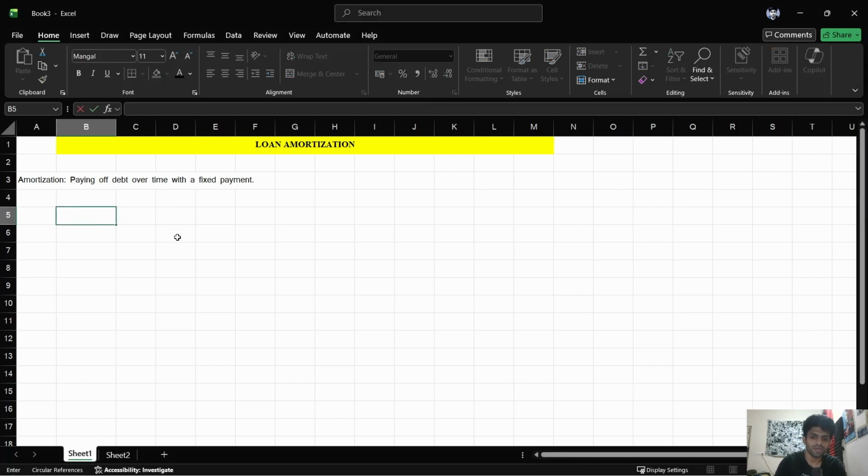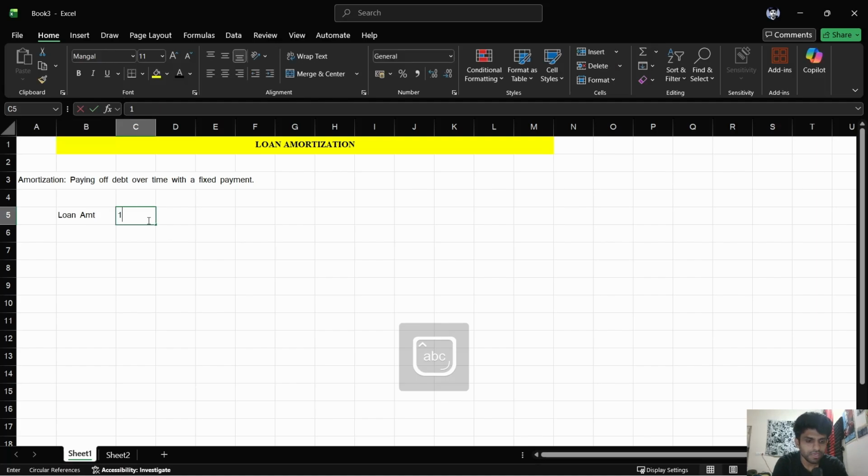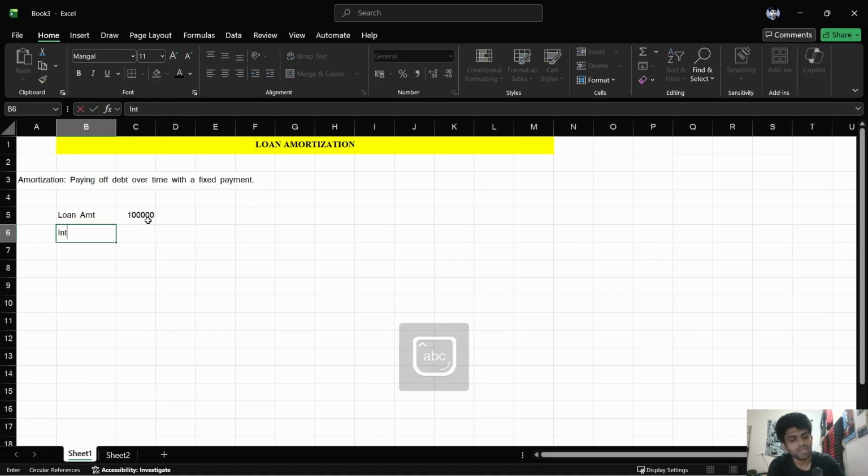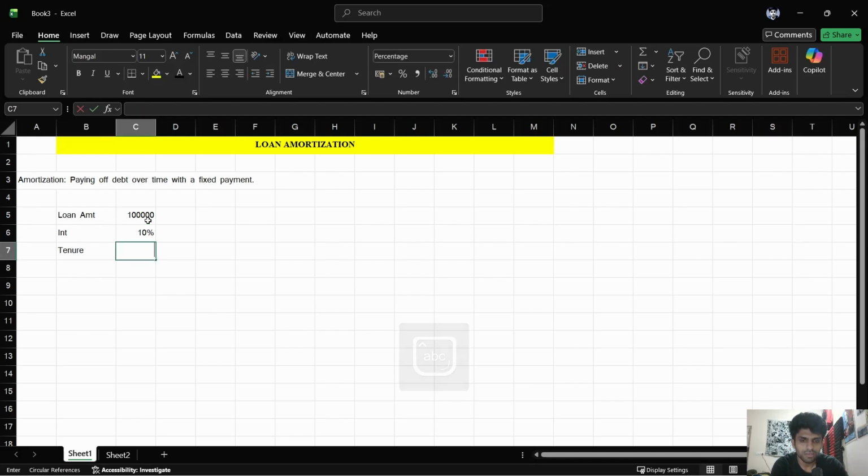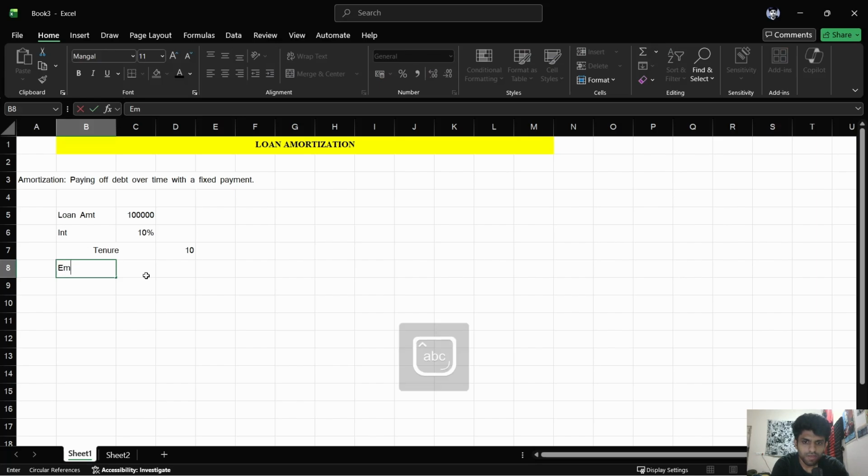So let's get into working. The loan amount we are taking is 10 lakhs, the interest we are taking is 10%, and the tenure we would be taking is 10 years. Finally, we want to calculate how much the EMI would be.